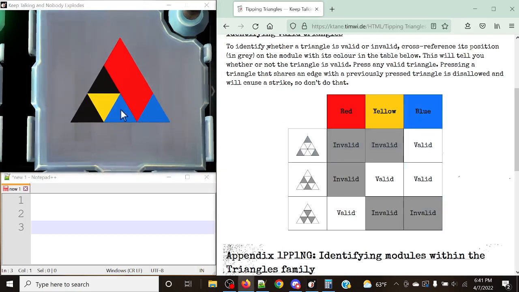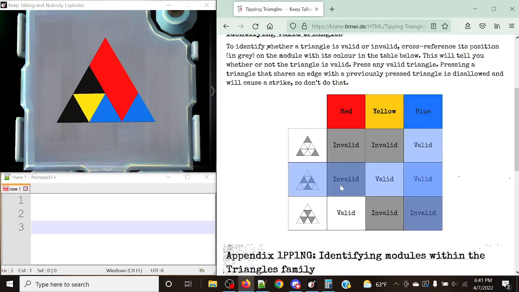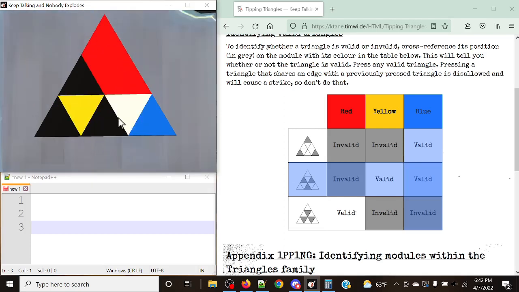We're going to be skipping that yellow from beforehand because it currently is sharing two edges, which is quite ironic. Then blue is going to be right over here. That isn't going to be valid, so we're going to hit this guy. Now we need to keep going, and based off of our assumptions that we've already made, we've already figured out that we cannot press these two based off of validity states, and these two based off of them sharing an edge, as well as this red right here.